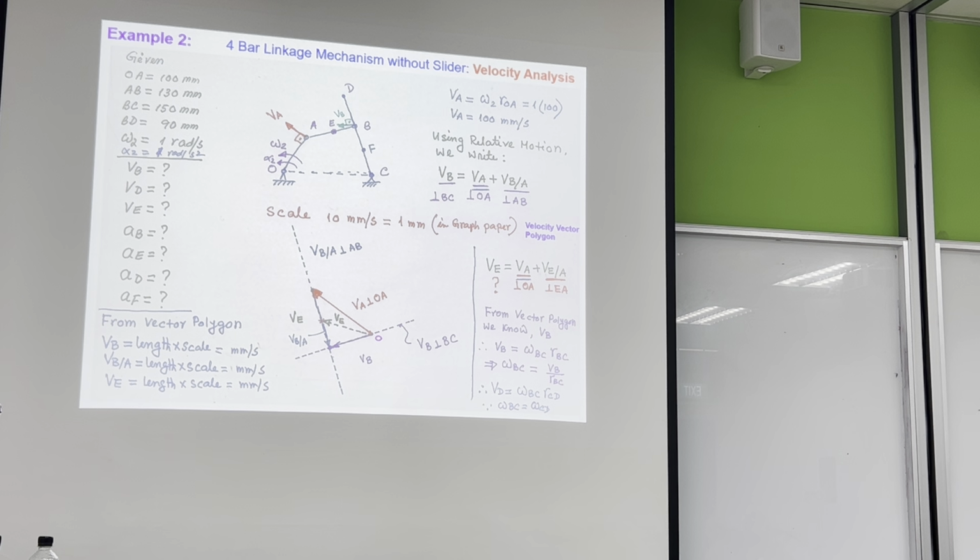I also wrote that equation previously in vector form. Remember on the side I wrote it in our previous example? So I always write, using relative motion, in vector form, or vectorially we can write this equation, because it is not an arithmetic sum, it is a vector equation.